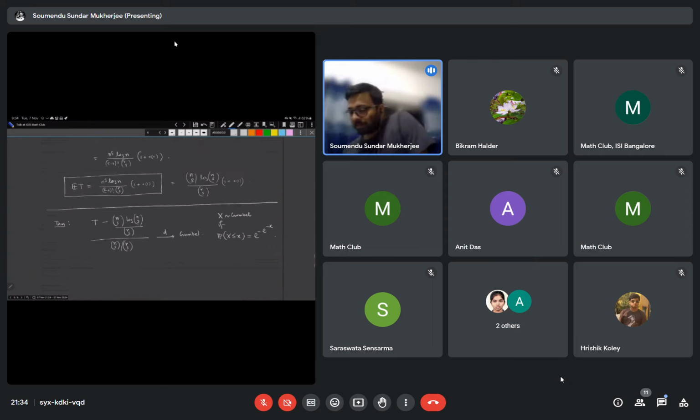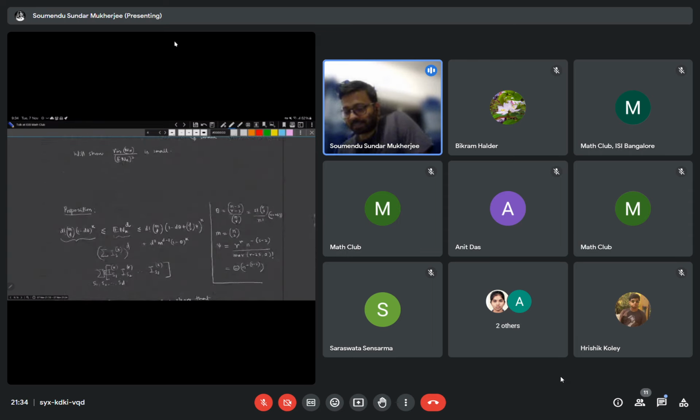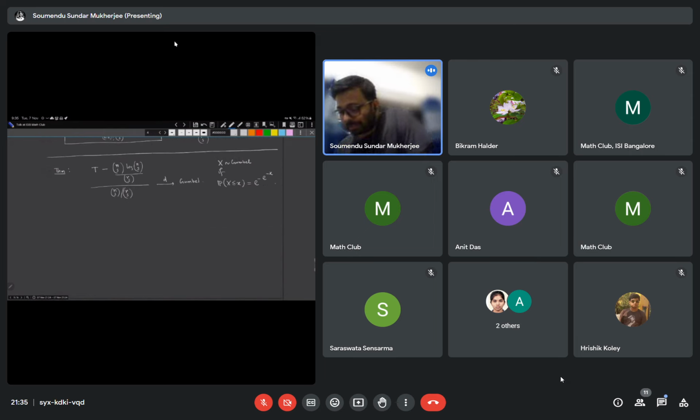Since we have already taken the trouble to compute, or at least estimate, all of these moments, you can guess that one way of attacking this would be to use the moment method. So let's try to use it. Let us call this random variable Z_n. We are interested in showing that the probability Z_n less than or equal to x converges to e to the power minus e to the power minus x.